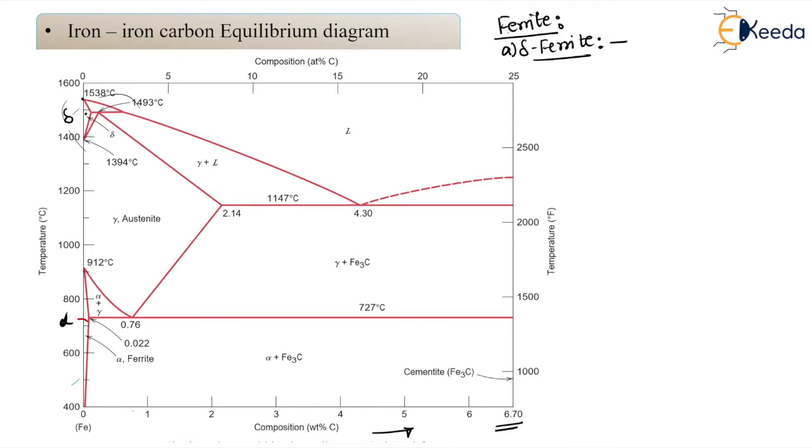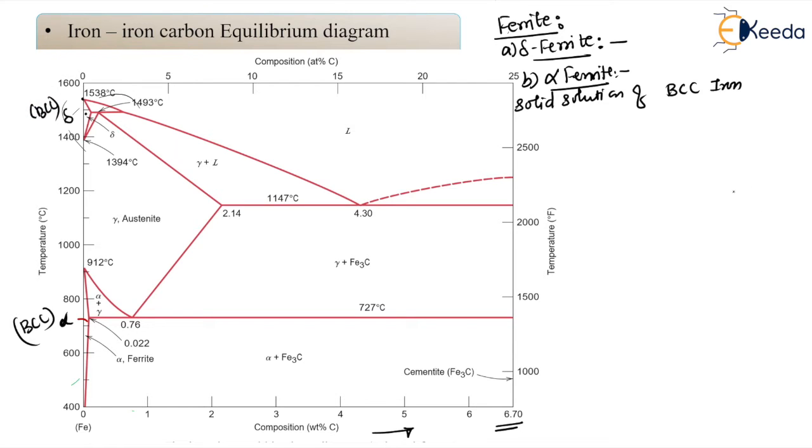If I talk about the next one, that is the alpha ferrite, dear students, what is this? This is actually a solid solution of body centered cubic iron. This alpha ferrite has the BCC crystal structure. Again, delta is also having BCC.